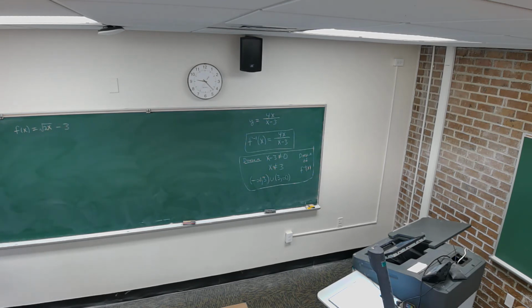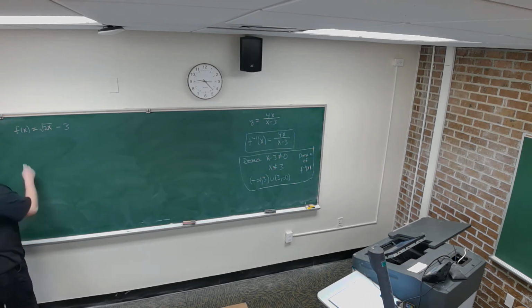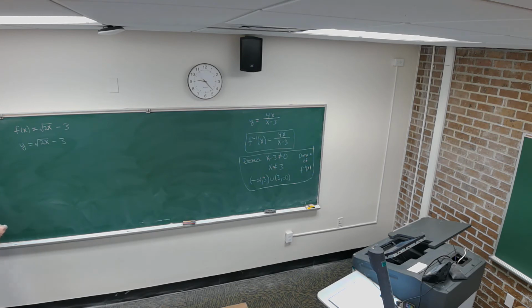The minus 3 does not go into the radical. So same 4 steps for finding the inverse function. Replace f of x with y. Switch x and y.